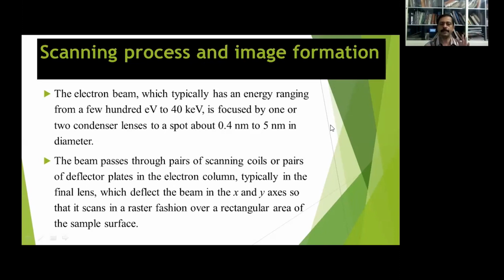They deflect the beam in the X and Y axis so that it scans in a raster scan fashion. As I already mentioned, these scanning coils will deflect the beam of electrons along X-axis and Y-axis so that raster scanning occurs in a rectangular fashion.